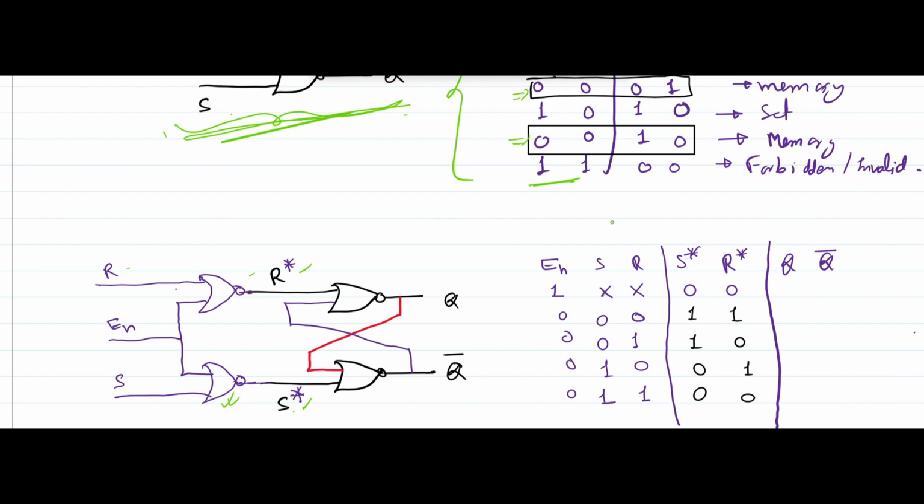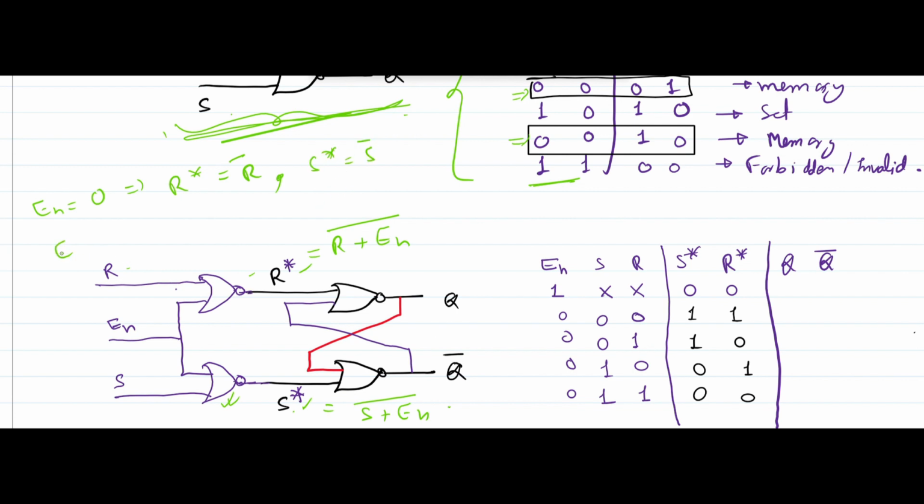I will make the truth table using this working table. For a NOR gate, R star will be the complement of R plus En bar, and S star will be the complement of S plus En bar. If my enable is 0, in that case R star will be R plus 0, that is R only, so R star will be R complement, and S star will be nothing but S complement.